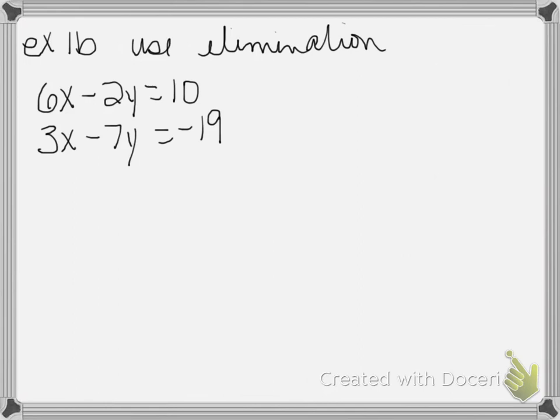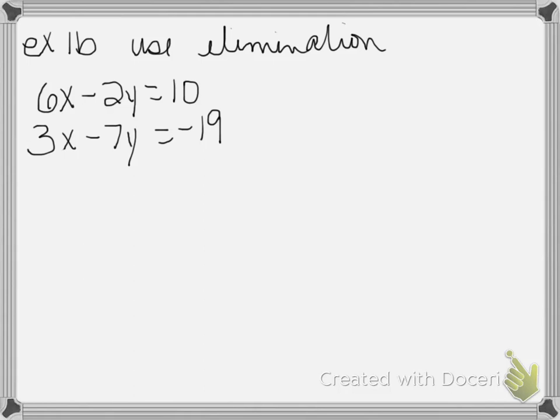Example 1b. If you'll notice, as of right now, we don't have opposite coefficients. But let's look at the x's for just a minute. If the second equation was a negative 6, then there would be opposite coefficients. So I can multiply the second equation by a negative 2, or I can look at the y's.